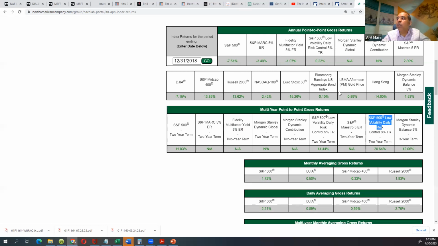But for single year, most of them are negative because the overall market went down. Still, some indexes are low volatility, mixtures of equity and bonds. The S&P Maestro 5-year index shows a 2.8% return, even in 2018.